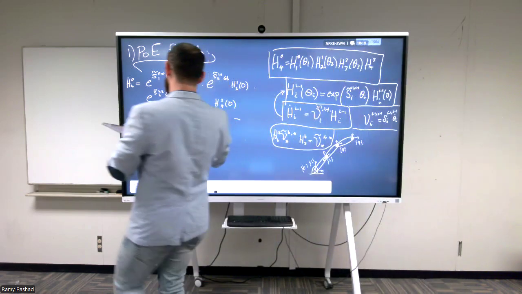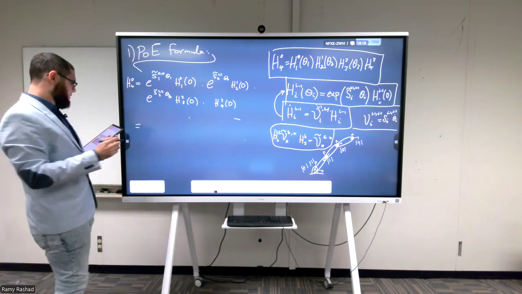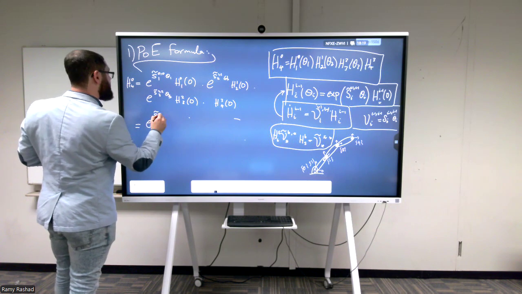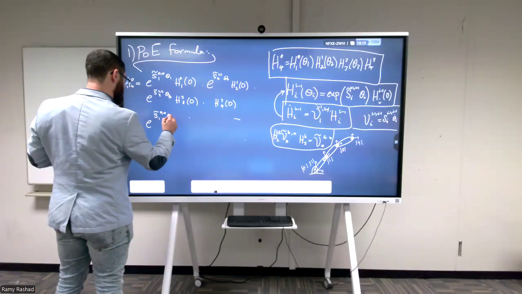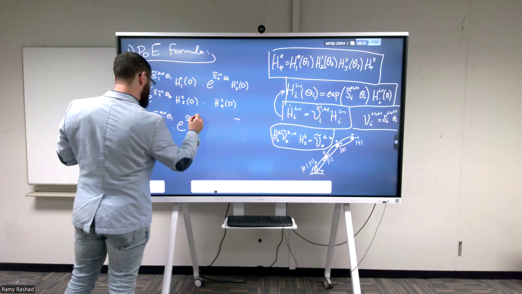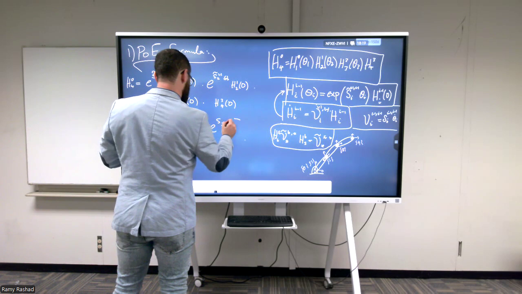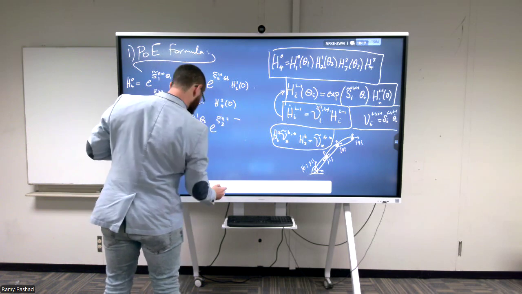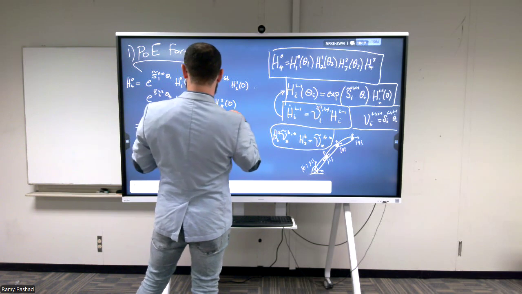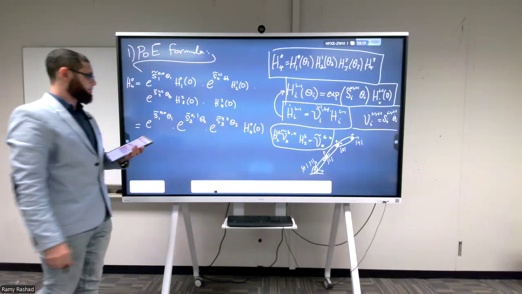So after doing all of these calculations and clearing it out, we're going to get a very neat formula, and the formula looks like this: E of S tilde 1, 0, 0, theta 1, multiplied by E of S tilde 2, 1, 0, theta 2, multiplied by E of S tilde 3, 2, 0, theta 3, multiplied by H 4, 0 at 0. This is it.